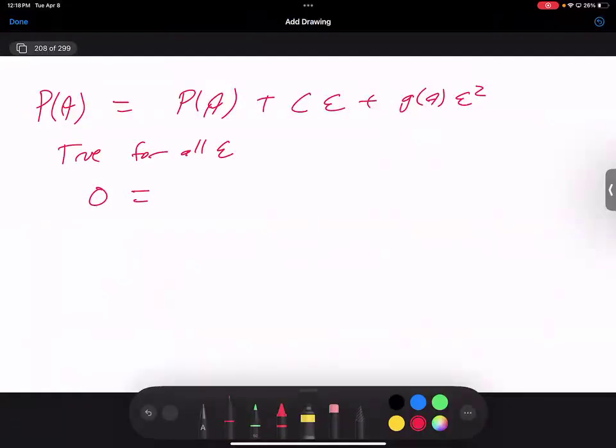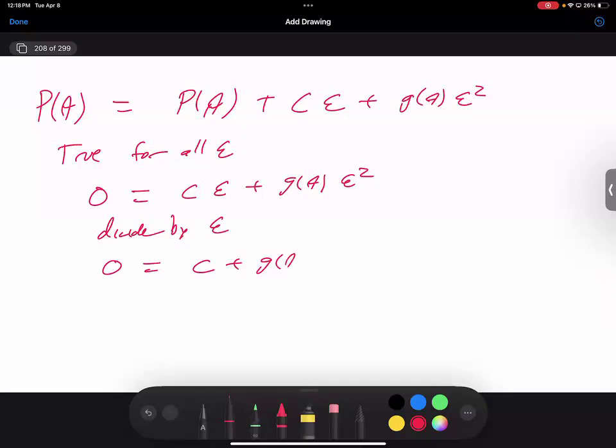So we get 0 is equal to C epsilon plus G of A epsilon squared. What can we do to both sides? Divide by epsilon. So then you get 0 equals C plus G of A epsilon. So if epsilon is sufficiently small, false. So there's no way that this could be equal.